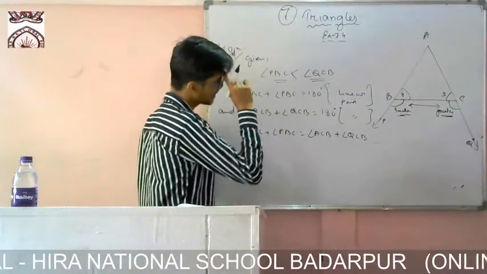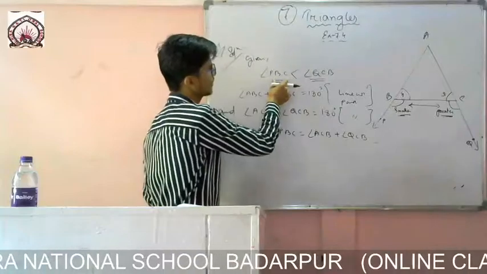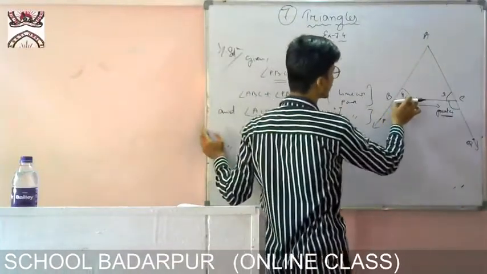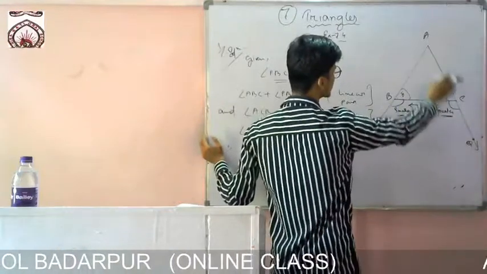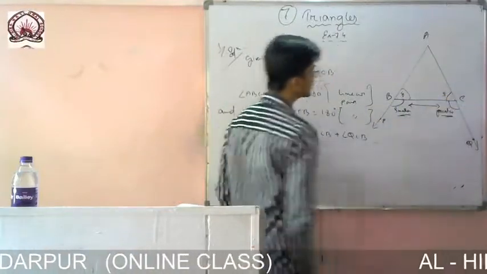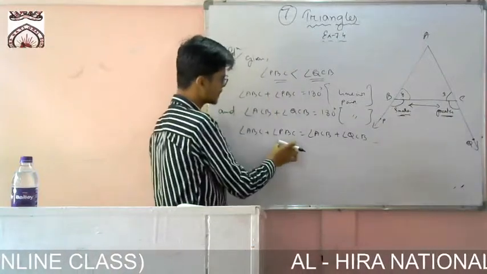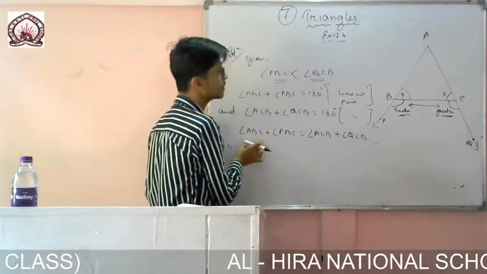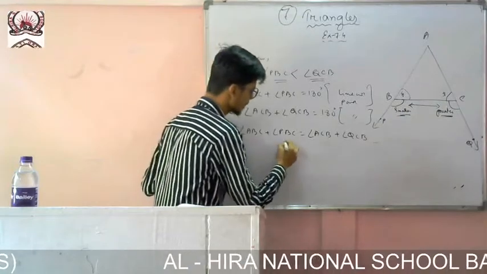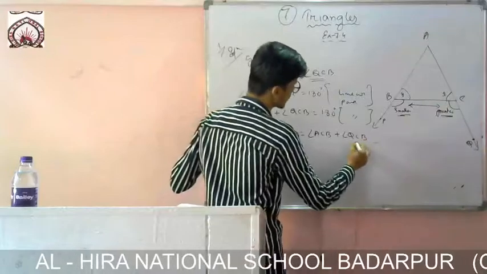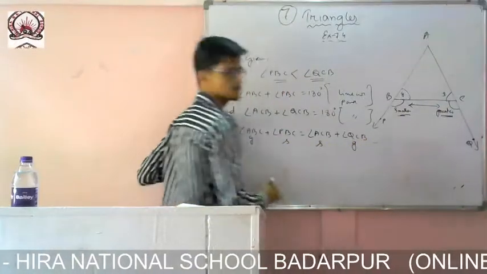So what I have said is that if this is a smaller angle, then that one will be greater, and if this is a greater angle, then that angle will be smaller. So here PBC is a smaller angle, that means this one will be greater. If QCB is greater, that means this one will be smaller.